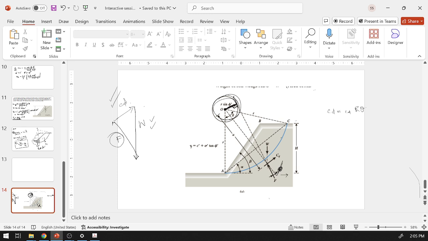Because the directions of W, CD and F are known, and the magnitude of W is known, we draw a force polygon, and the magnitude of CD can be determined from the force polygon. So the cohesion per unit length can be found, and then we use the stability number to get the factor of safety.